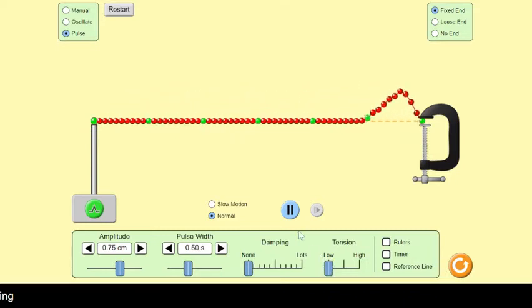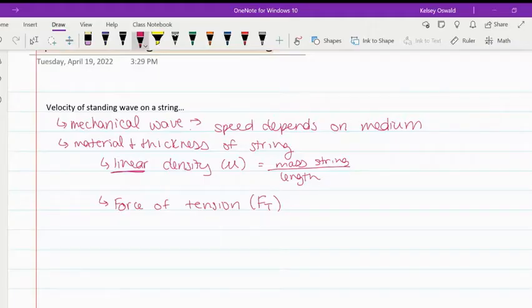Okay, so the other factor that will impact how quickly our wave moves, which will then impact our wavelength and frequency, is our force of tension. Another relationship, or another equation, that will tell us how quickly a standing wave will move on a string is that the velocity of your wave is equal to the square root of your force of tension divided by your linear density.